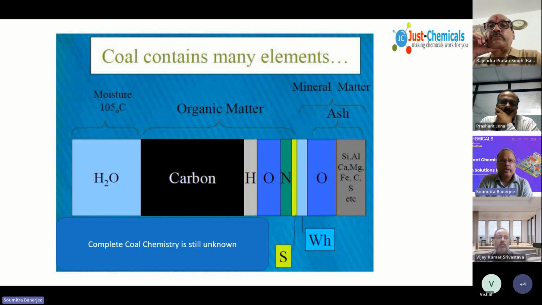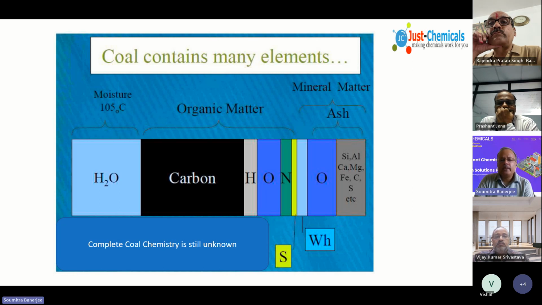Hydrogen, mostly 50% of that is in gas, not associated with carbon. Then oxygen, nitrogen, sulfur, and some mineral matter, which actually gives a kind of slagging index to the coal.